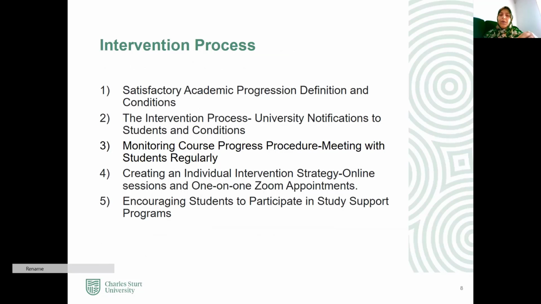Very quickly, I'm going to focus on the program that I am running, which is the intervention program for those students who faced unsatisfactory academic progress during the COVID. Once the exams finished in June, students receive their results.